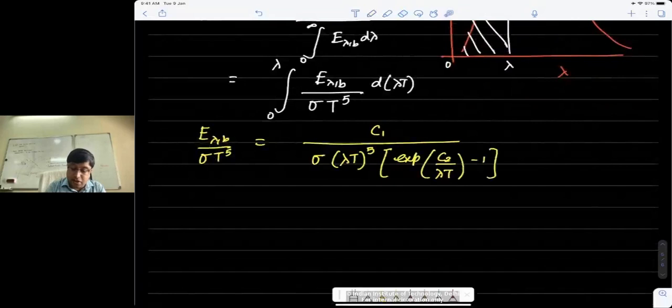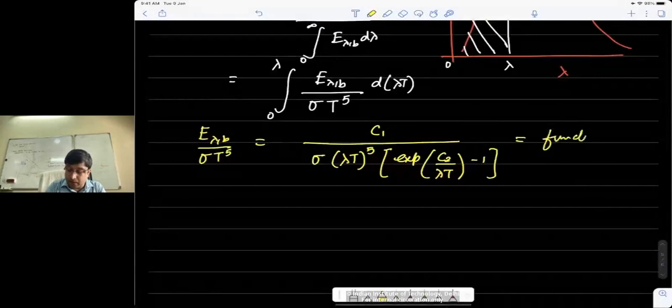So now I can see that this distribution has a lambda T to the power 5 and a lambda T here. So this distribution is a function of lambda T only, the product lambda T. The purpose of writing d lambda T here is that now we can define a dummy variable as lambda T and do the integration if need be.